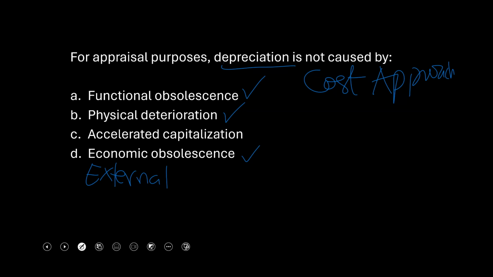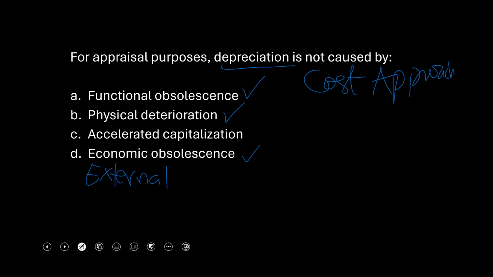Those were the three kinds. With physical deterioration, we're talking about normal wear and tear. With functional obsolescence, we're talking about things in the property that other people find undesirable. For example, you have a 4-bed, 1-bath home or a house that doesn't have plumbing, right? So there's no plumbing in the house.